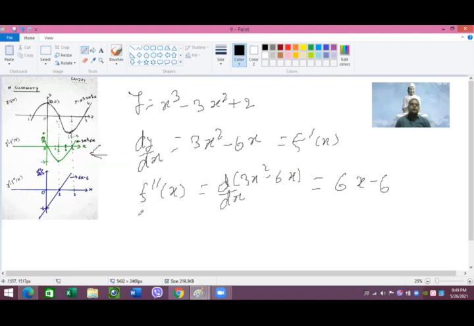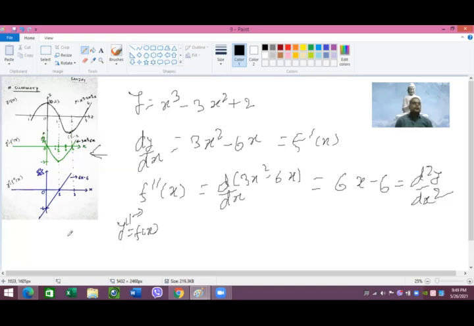You can consider this as a function like y equals f(x), for example. I have indicated that as f double dash, that means we are plotting the graph of f double dash x, the second-order derivative function, d2y by dx squared against x.